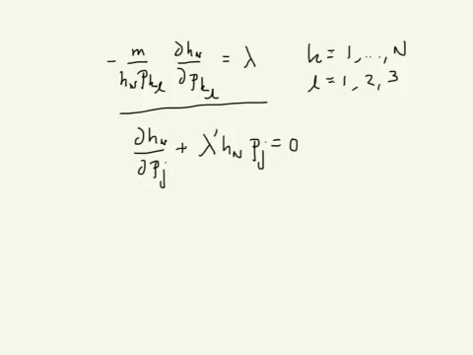So we're shifting subscripts from KL, where K runs from 1 to N and L is 1, 2, or 3, to a new subscript J, where J now will run from 1 to 3N. So for example, J equal to 4 would correspond to the second particle, K equal to 2, and L equal to 1. So that makes it a little more compact.